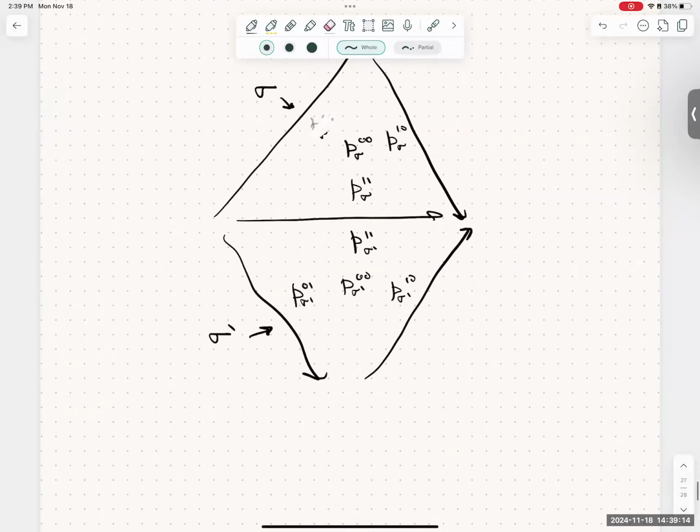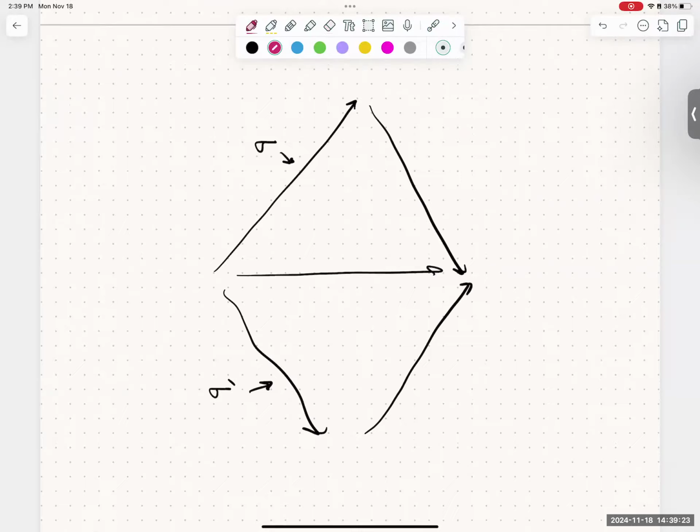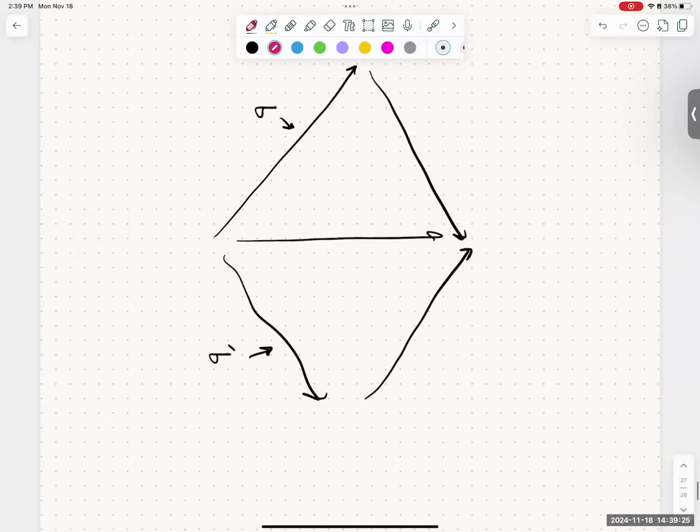So a different one might be if I chose 1, 2, 3, and then instead I chose, sorry, this one and this one.